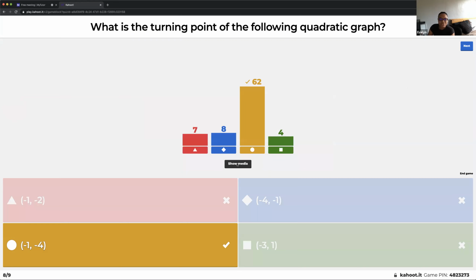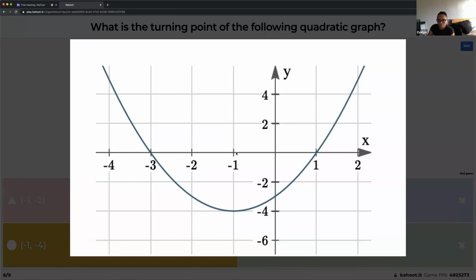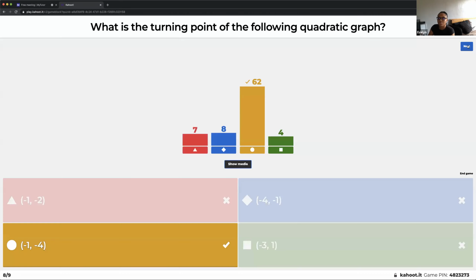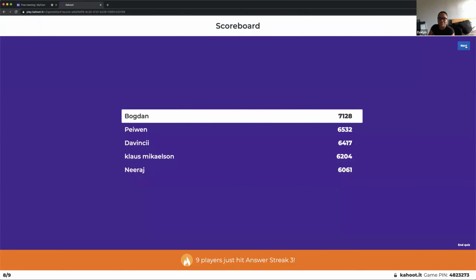It is -1, -4. Remember, x coordinate comes first. So the point is over here. So x coordinate is -1, y coordinate is -4. Brilliant. So well done for the top 5.